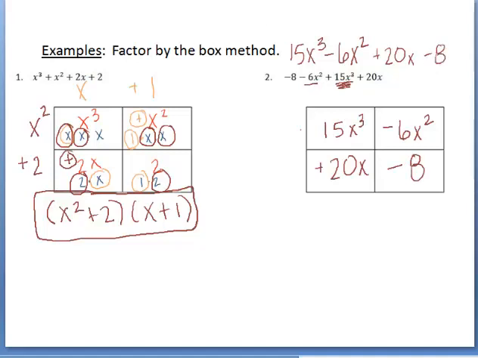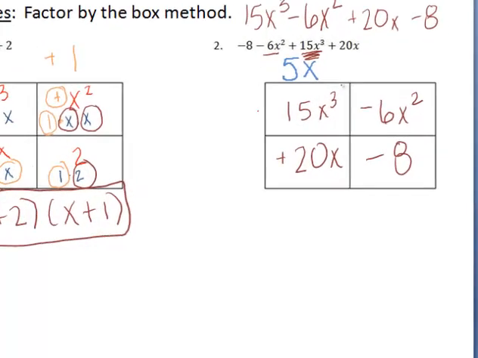Now I'm not going to go ahead and show you the prime factorization, but if you wanted to do that, you could. I'm just going to start factoring out the GCF. In this first column, I have 15x to the third plus 20x. They have a 5 in common that could get factored out, and then for the x to the third and the x, the biggest one that I could factor out is just 1x.